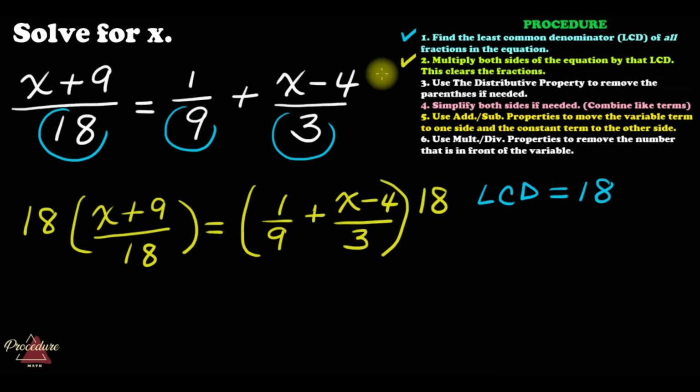We're still on step 2. Let's see what happened here. 18 goes into 18 one time, and then 1 times x and 1 times 9, so you still have x plus 9 on this side.